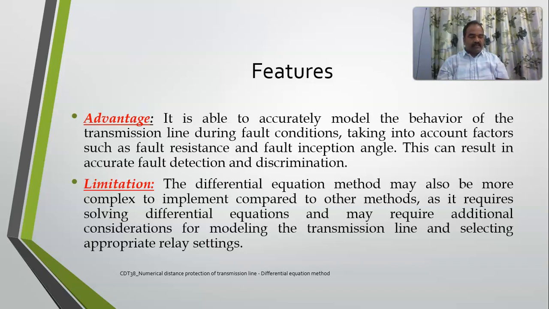So it helps us to determine the accurate location of the fault. But there is a problem. It is a complex method because it requires solving complex differential equations when compared to the earlier method. But after solving this, I think you will be able to say that the differential equation method is good when compared to the other methods.